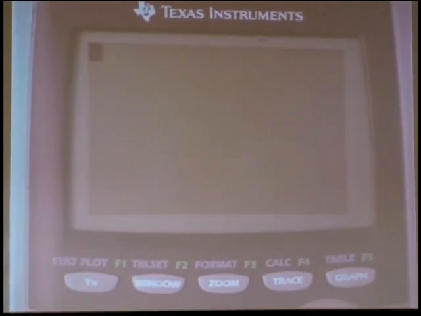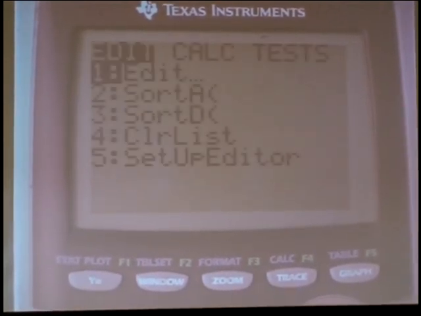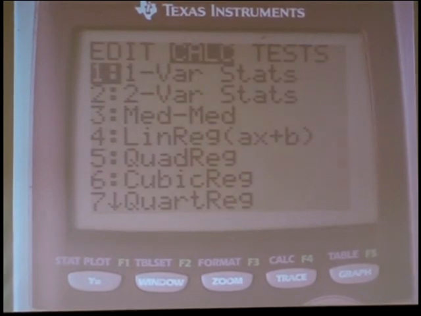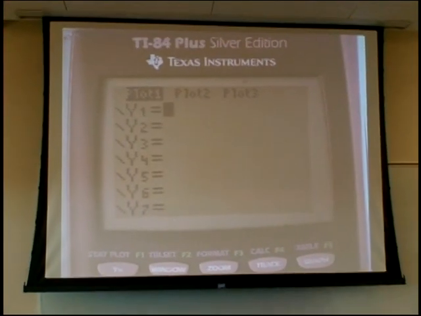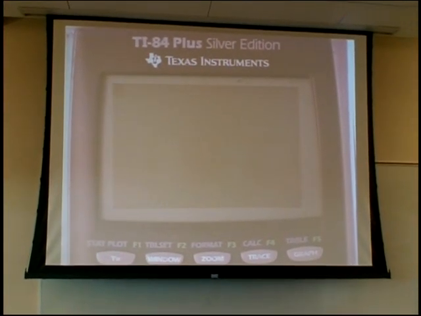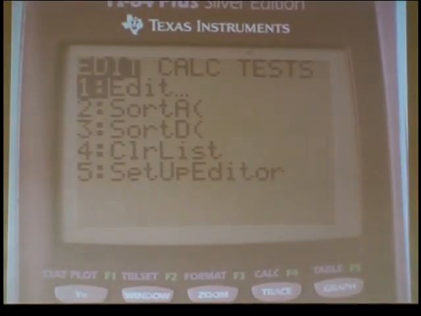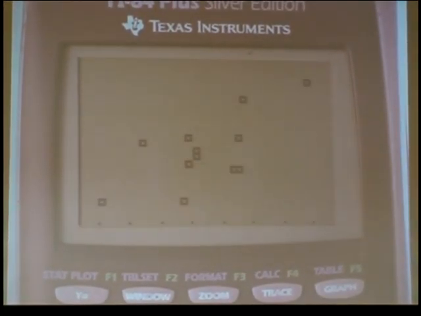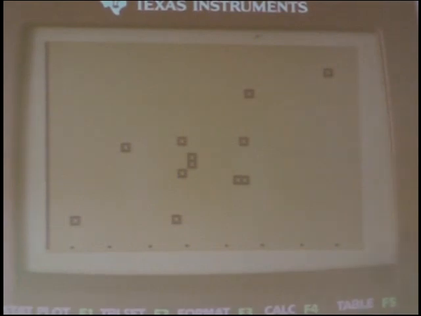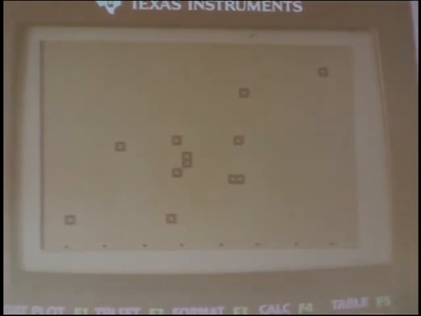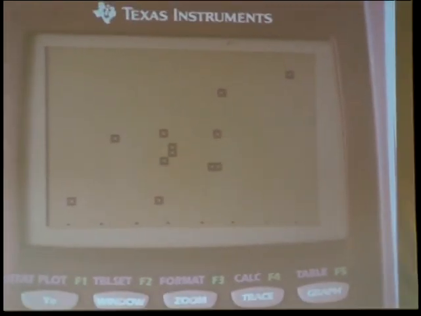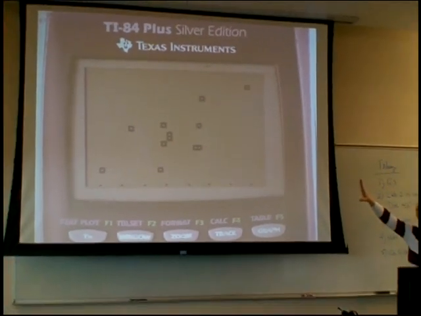The first thing that we had to do was make sure that we had the scatter plot on the graphic screen. So if you hit graph, you should have the scatter plot there. Okay, so you need that first.